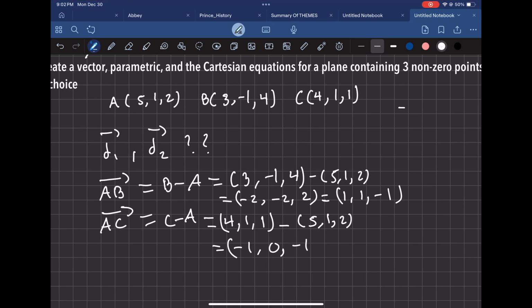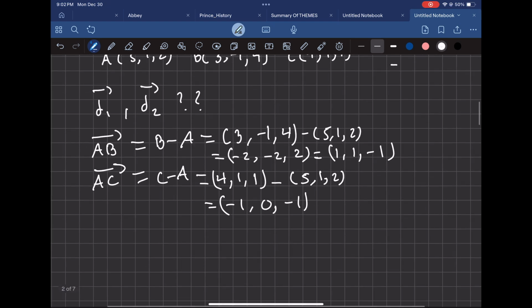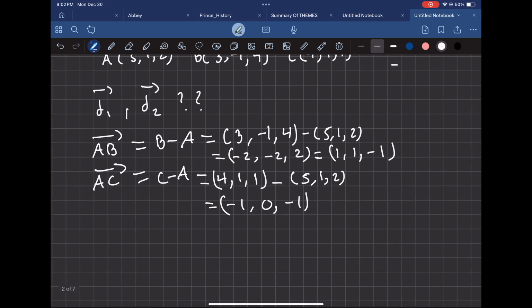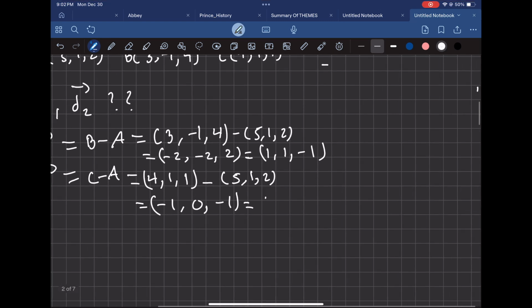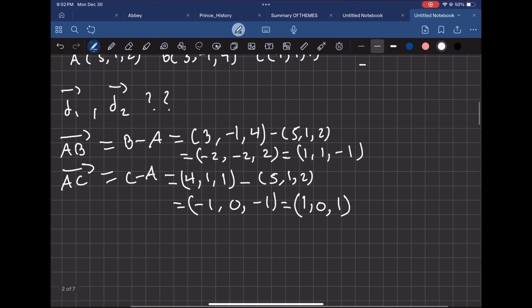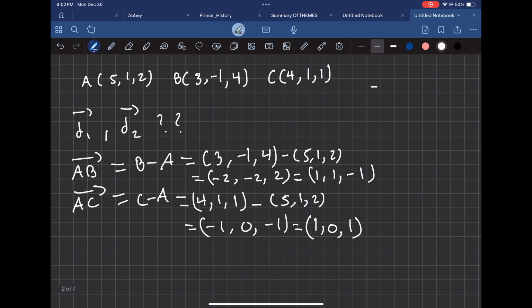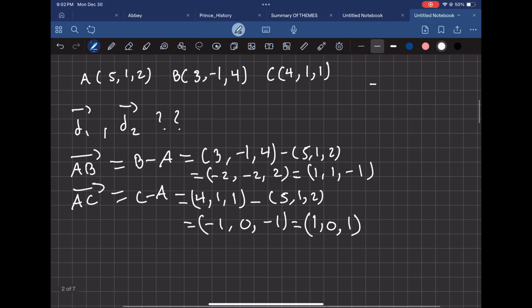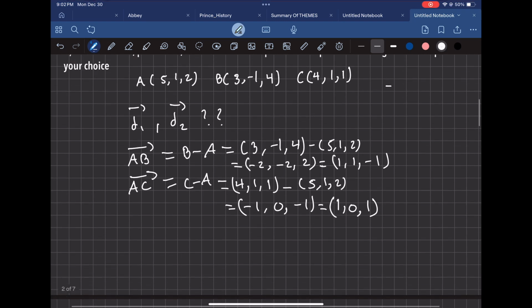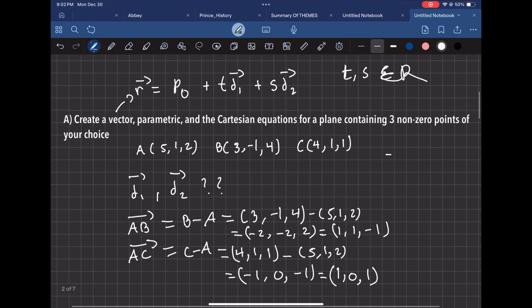And since we do want to keep the x value positive, you don't have to, but just for notation purposes, we could just multiply everything by -1. So that would just be 1, 0, 1. So let's just double check. 3 minus 5, -2. -1 minus 1, -2. 4 minus 2, 2. Okay. So now these are two direction vectors, and the only thing we're missing right now is the point given.